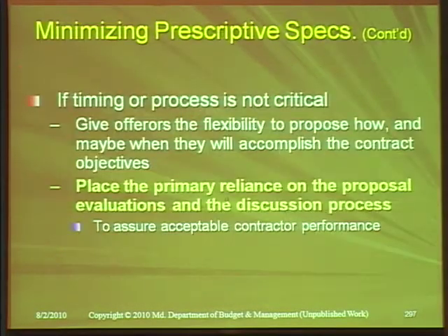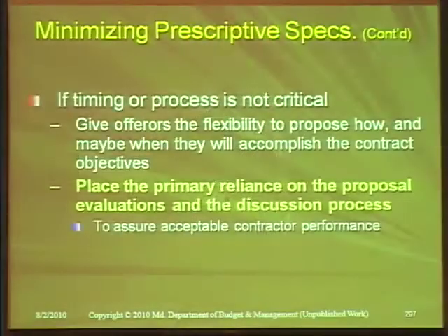All right, continuing on. If timing or process is not critical, give offerors the flexibility to propose how and maybe when they will accomplish the contract objective. So if timing or process is not critical, try to err on the side of letting the vendors have flexibility. And if you do that, you need to place the primary reliance on the proposal evaluations and the discussion process.